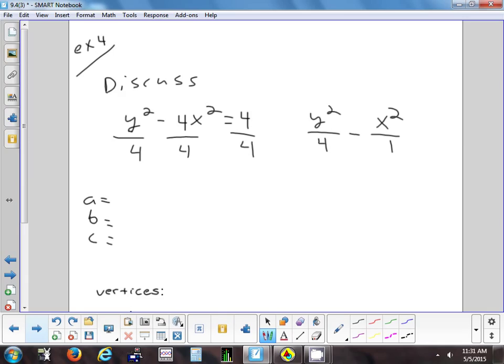So you get x squared over 1 equals 1. Joe, what's A? 2. Good, A is 2. B, Alex? 1. Yep, B is 1. C squared equals A squared plus B squared. A squared is 4, B squared is 1, 4 plus 1 is 5. Add them up, take the square root. C is the square root of 5.